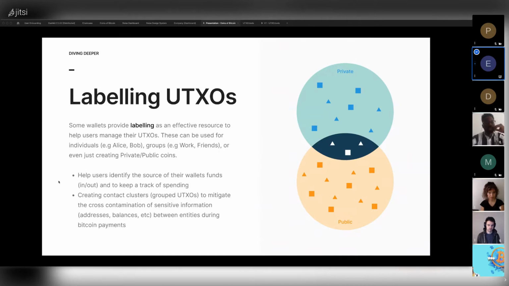But really I'm just touching upon how labeling is currently used by some wallets, but it's not really a best known practice. It's more of an advanced practice, but it can really help mitigate some privacy loss down the line.